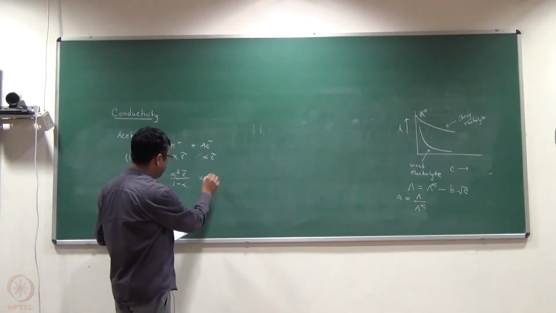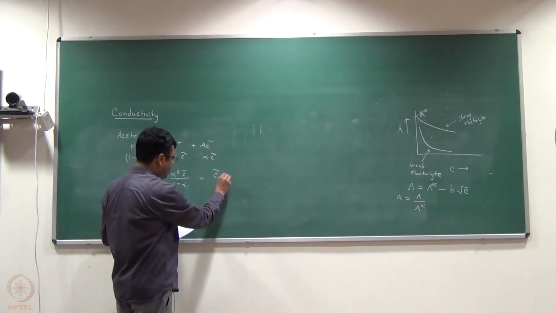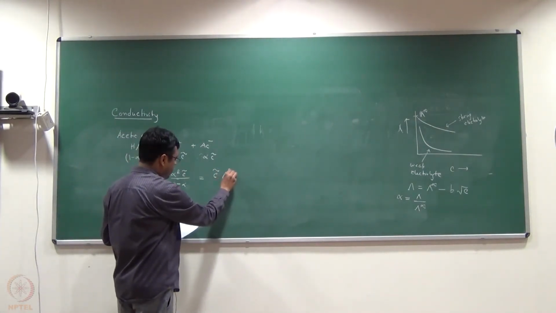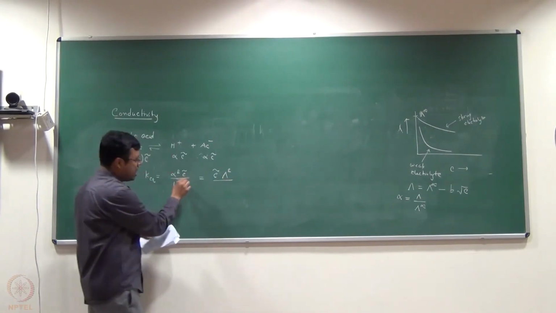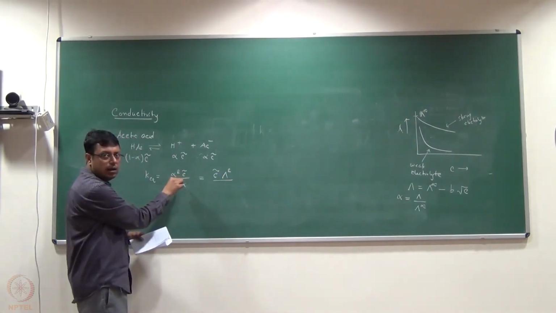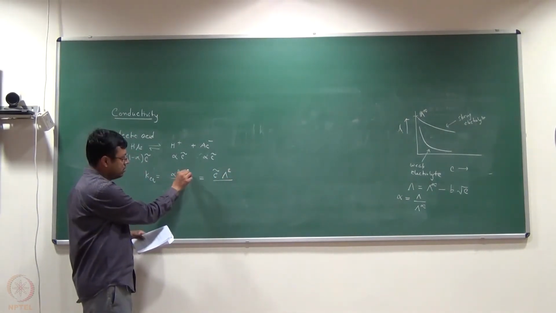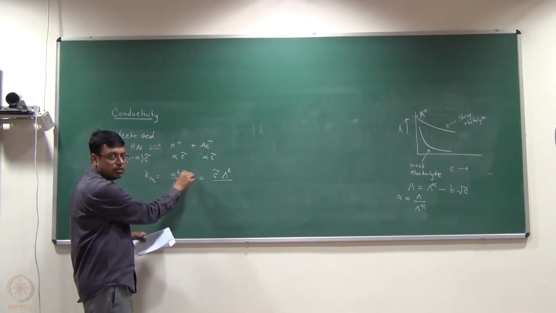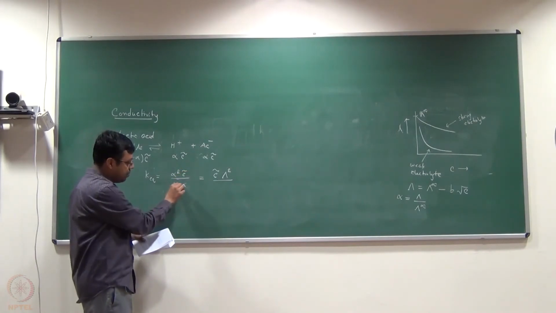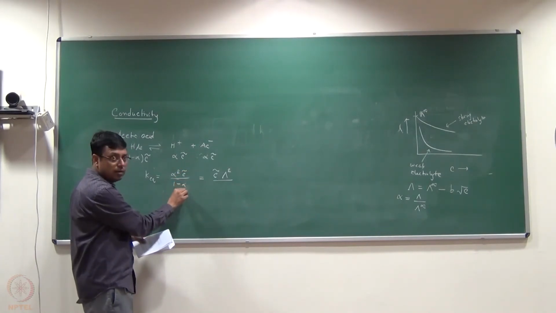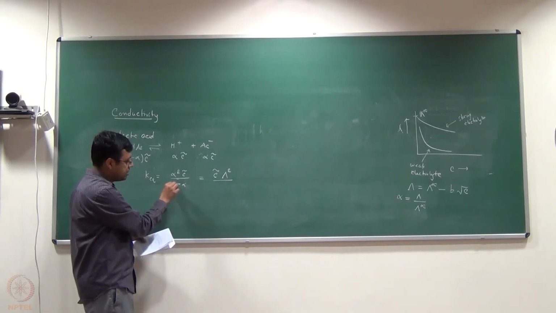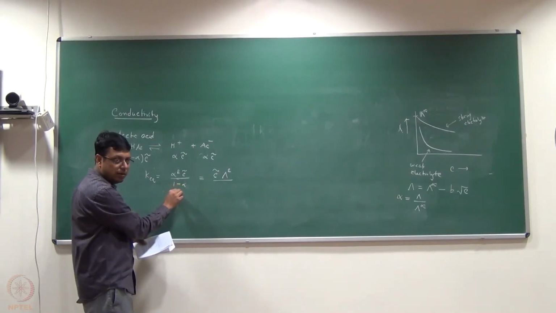So what I will be having is the C tilde, and then lambda square by lambda infinity square. Here I'll have 1 minus lambda divided by lambda infinity, which I can write as lambda infinity minus lambda divided by lambda.